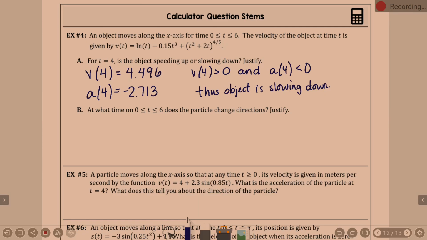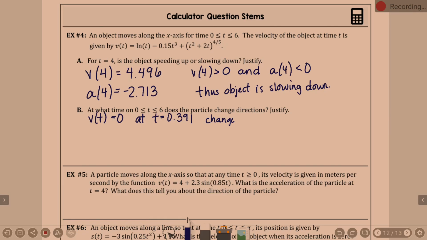What do we get? The first one, 0.391. Oh, there's 2. So velocity equals 0 at t equals 0.391. And what's it doing there?